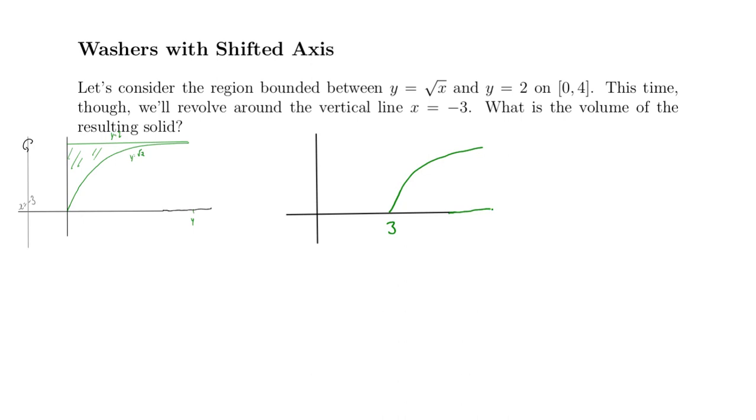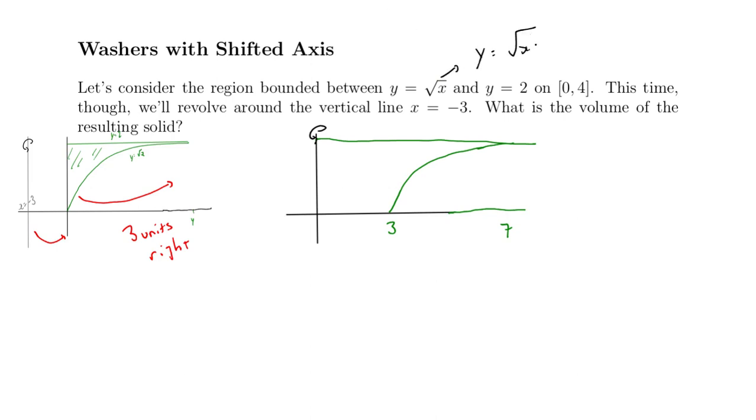And instead of going up to 4, it's going to go up to 7. We still have this same y value at y equals 2. But now our axis of revolution is actually the horizontal line, the y-axis. I've just taken all of this and moved it up 3 units. That means that this function, the square root of x, actually becomes the square root of x minus 3. When we invert this, this becomes y squared equals x minus 3, and so x equals y squared plus 3.